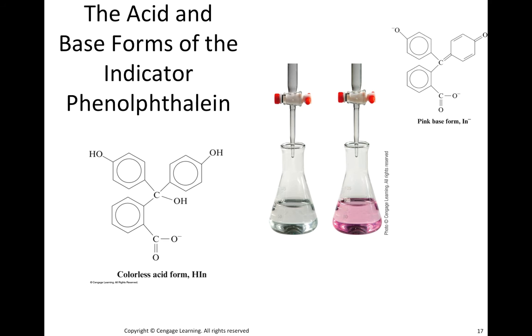So you're going to see your solution go from clear to pink, and this pink can get much more dark than this color. This is a picture of the pink right after it's completely changed. So this is the end point of the titration. If you overshoot this and add more base, then it becomes a much more dark and vivid pink.